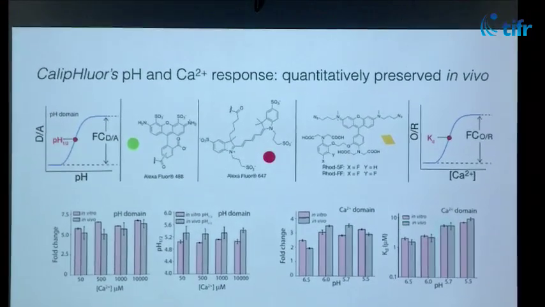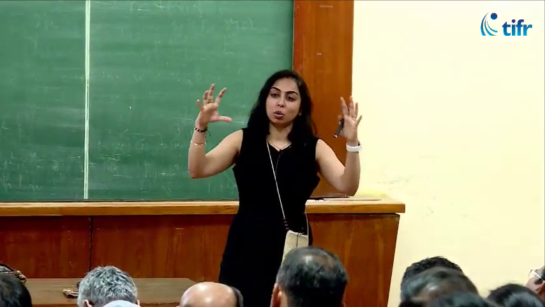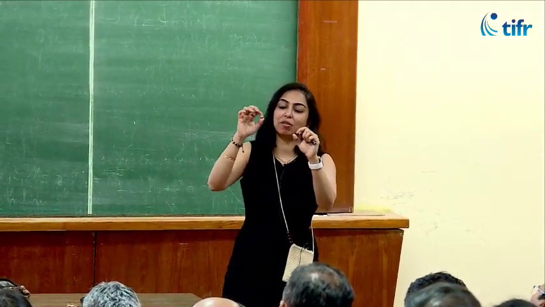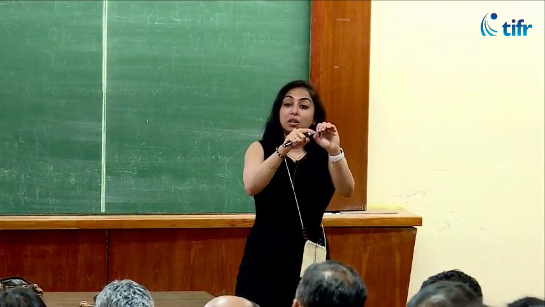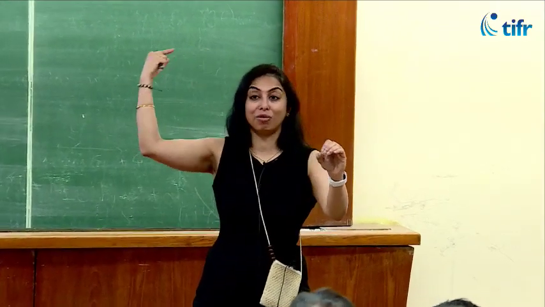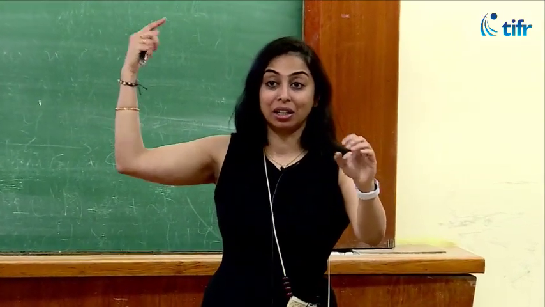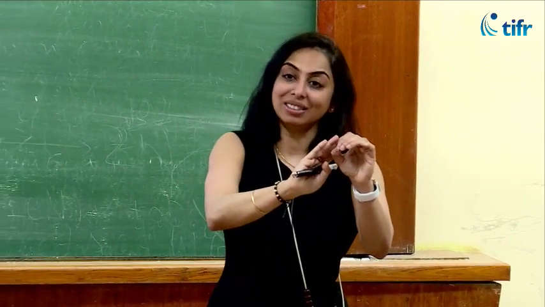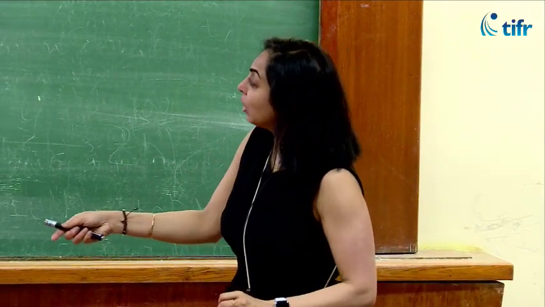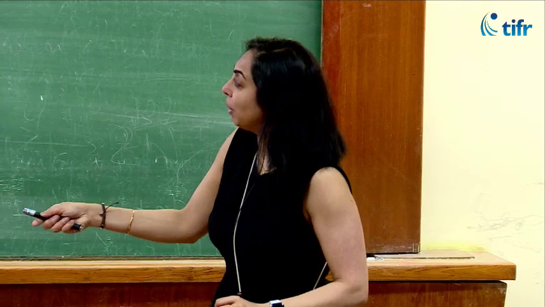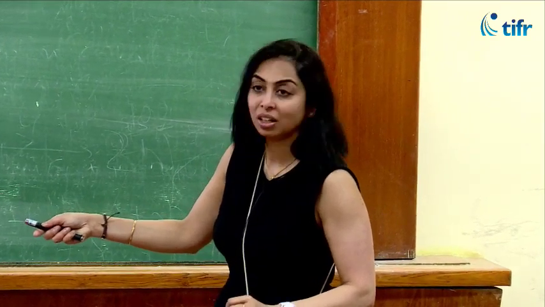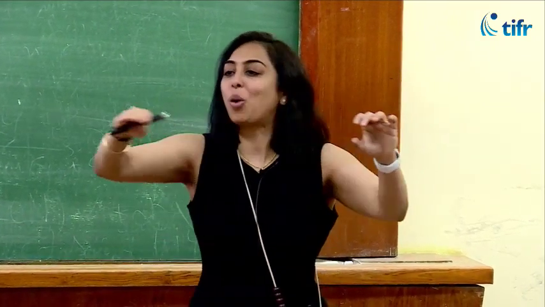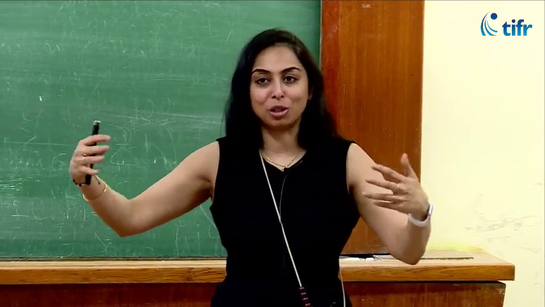You can clamp the ion concentration in the worm using what's called a clamping buffer, which sets the value of ions inside to a known value of the buffer you've added outside. And then you take a look at the sensor's response. And then you can compare. In vitro is in pink and in vivo is in gray. And so then you can actually quantitatively compare the performance.